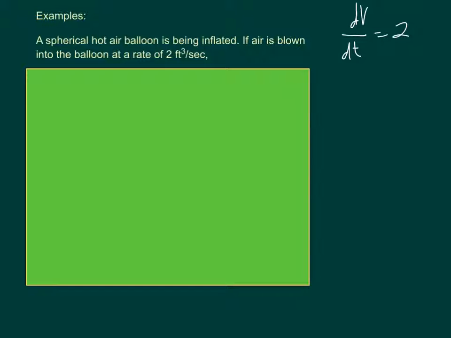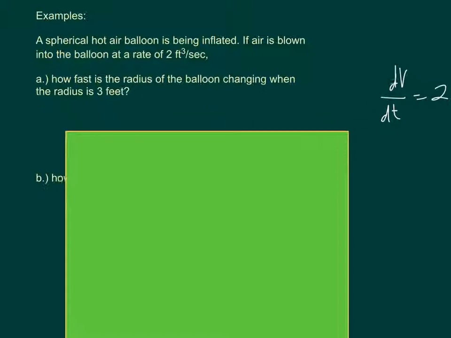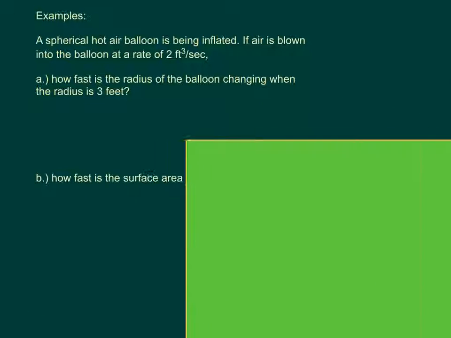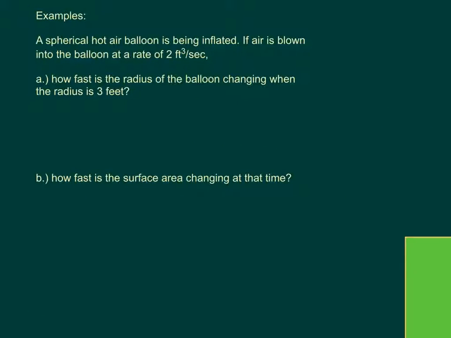Two things they want us to find. They want us to find how fast is the radius of the balloon changing when the radius is 3 feet, and how fast is the surface area changing at that time. Okay, that was 2.